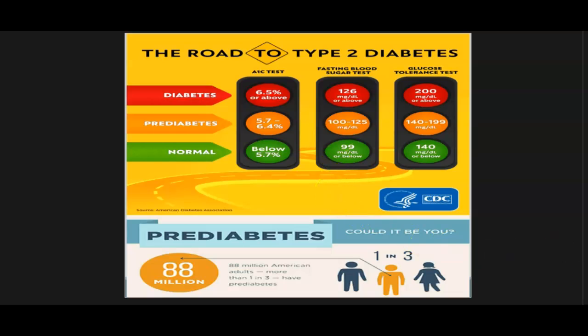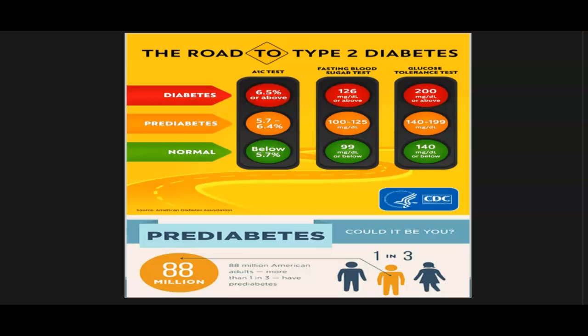So people with prediabetes, or impaired glucose tolerance or impaired fasting glucose, if they take those tests and their numbers are higher, they are at a higher risk for developing type 2 diabetes. So it's very likely that they will down the road develop type 2 diabetes.